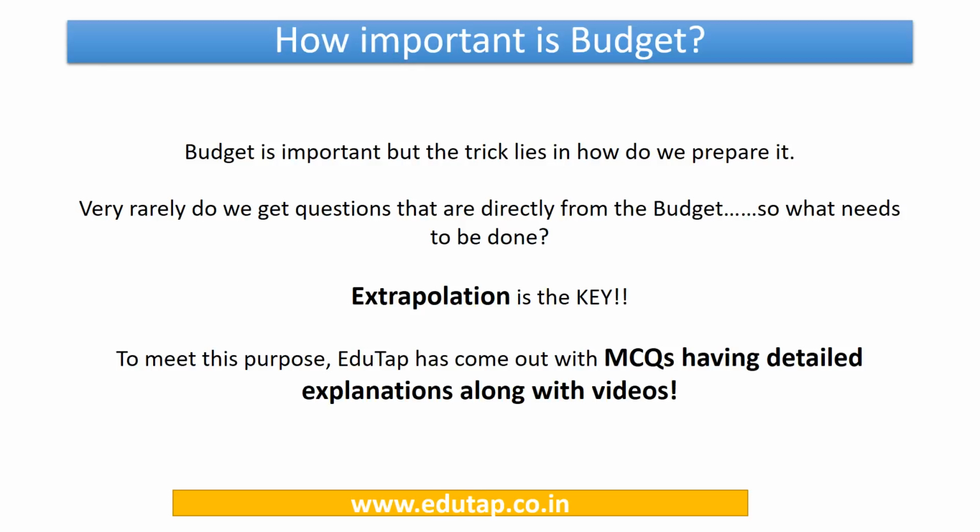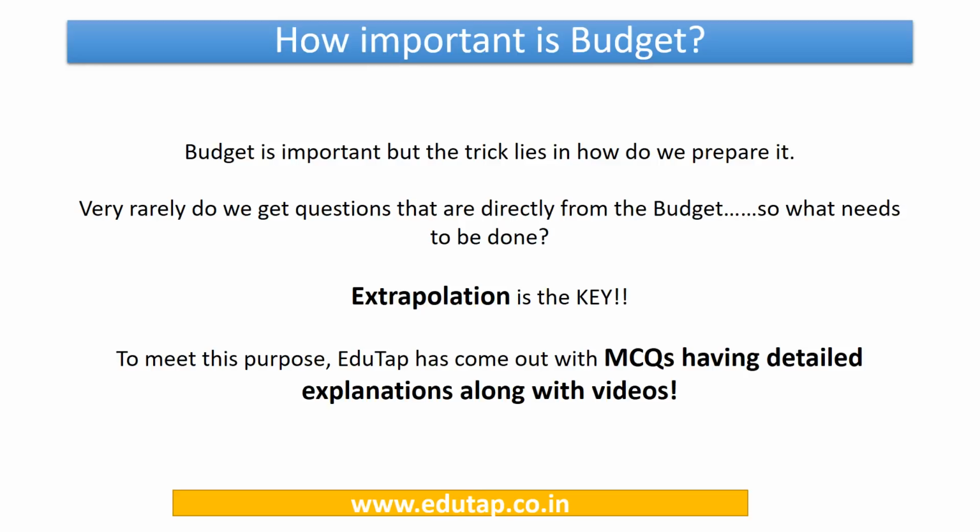For example, when we provide you with one question, we are going to cover the question from back and forth in the explanation. Suppose there is any major change in a particular scheme which was announced earlier by the government. We are going to give you a detailed explanation regarding that scheme: what are the important provisions in that scheme and what are the changes that have been made through this Union Budget 2018-19.